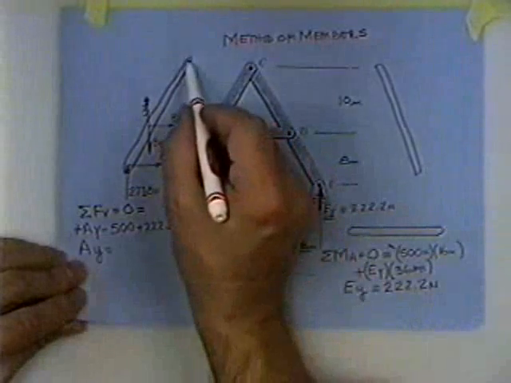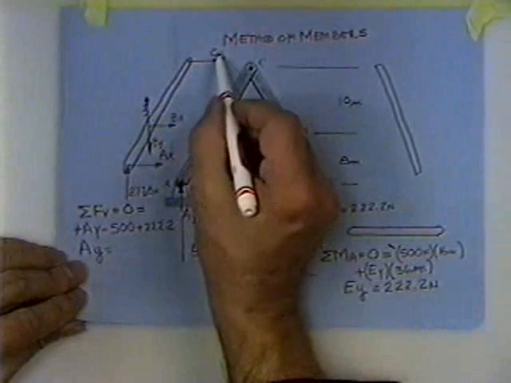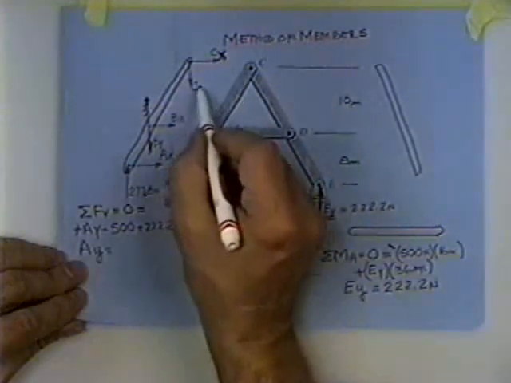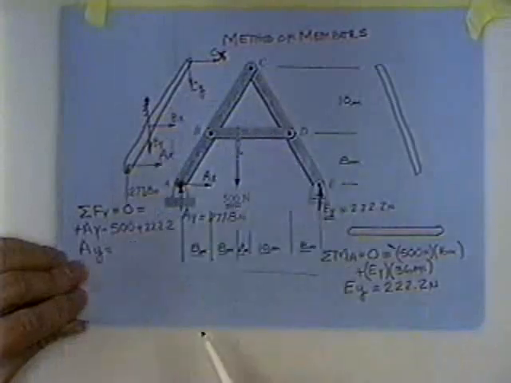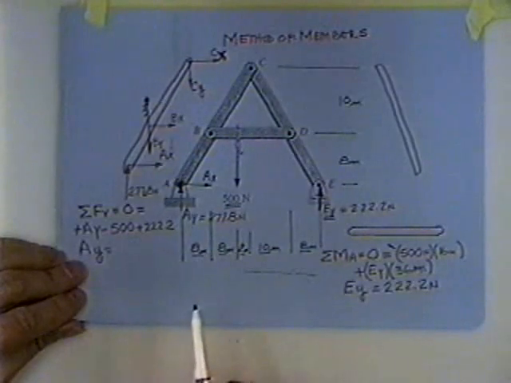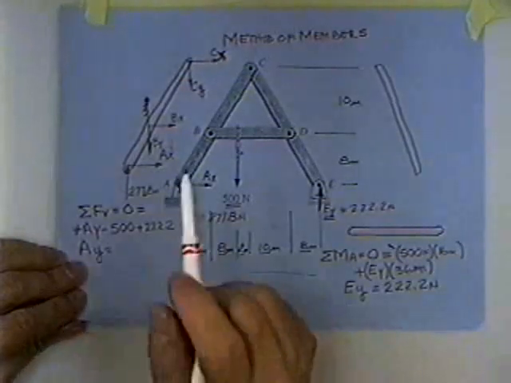I would come up to joint C and admit there's an unknown Charlie X force, an unknown Charlie Y force, and those forces are at your discretion. I don't personally have any feel for which way they're really going to go, and therefore you just slap them on that member. But once you do that, you've committed yourself to sticking with that direction.